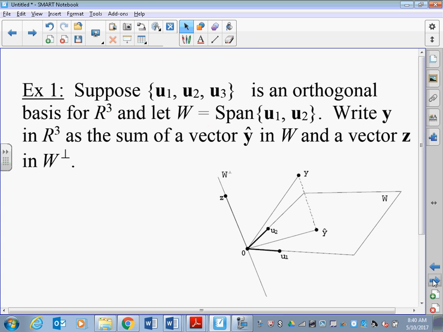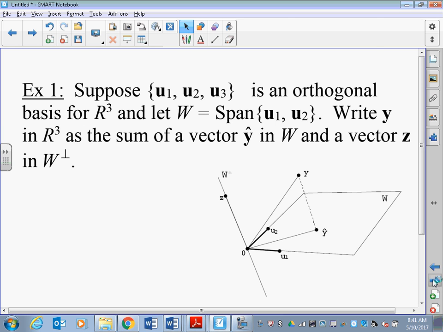So if U1, U2 is already the orthogonal basis, let W be in the span of U1 and U2 only. Write Y in R3 as the sum of the vector Y hat in W and a vector Z orthogonal to W. So how would we do that?